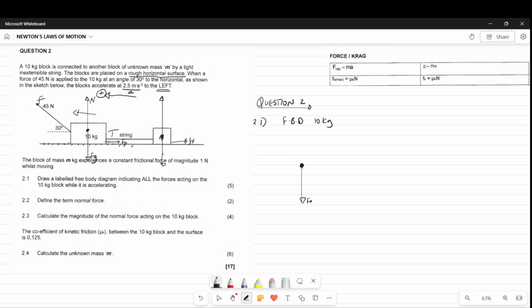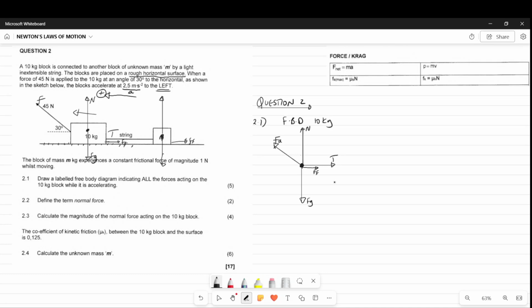So there's our Fg, and then our normal force. Then you have the force applied at a certain angle, and then the tension in the string, and then the frictional force. So this is frictional force, this is normal force, this is tension in the string, this is Fg, and we can call that force applied.